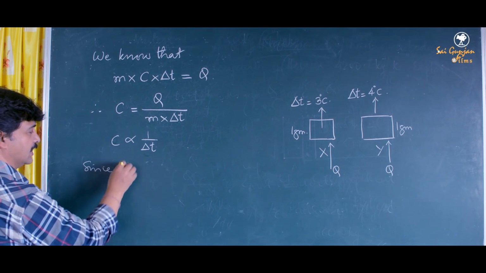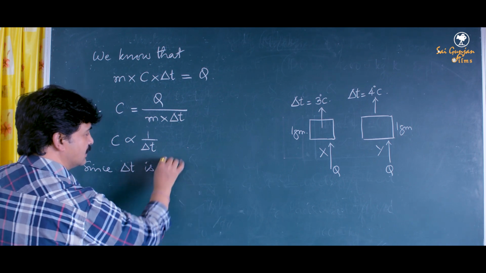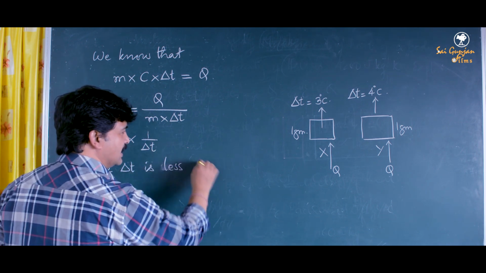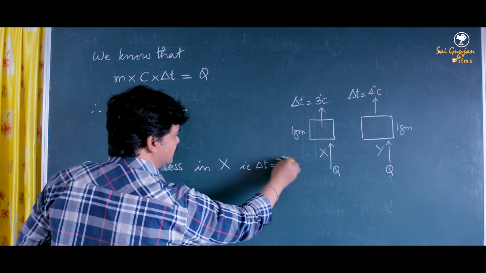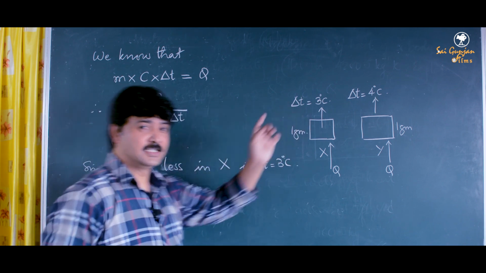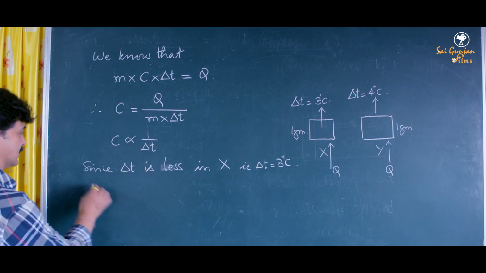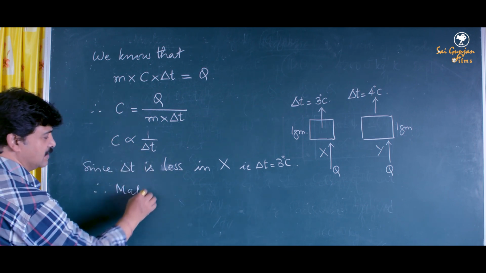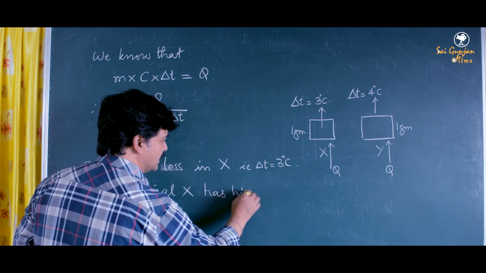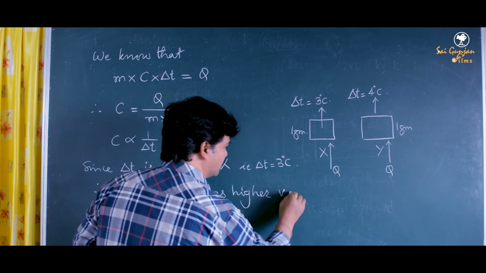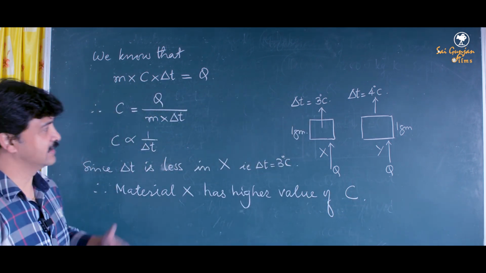Since delta T is less in X, that is delta T in this case is only 3 degrees Celsius, isn't it? So lesser value of delta T means more value of C. So therefore material X has higher value of C, that is the specific heat capacity.